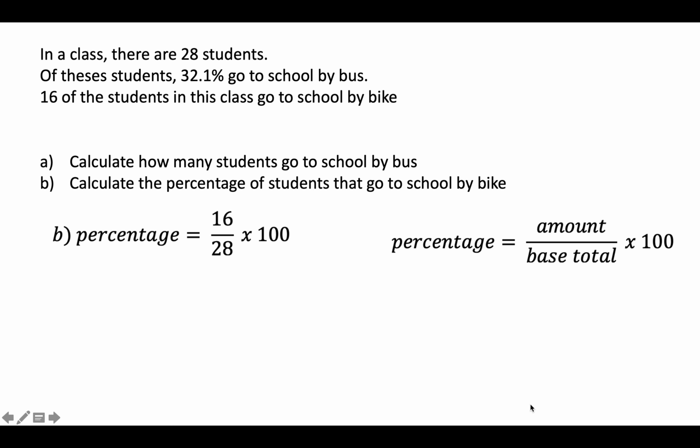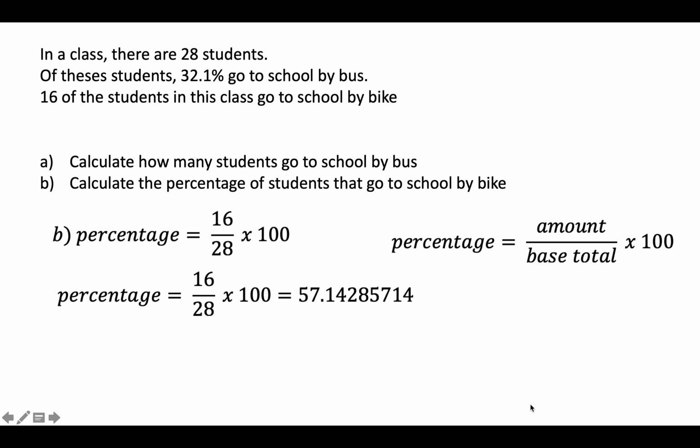So in this case, the percentage is the amount 16, because there are 16 students that go by bike, divided by 28, the total of students, times 100. And that's the calculation you have to write down. Percentage is 16 divided by 28 times 100, just as it's shown here.